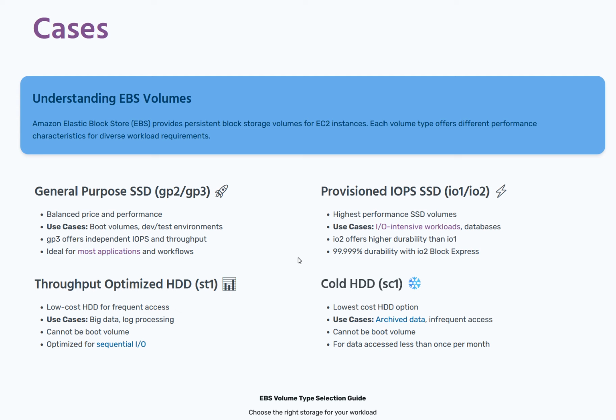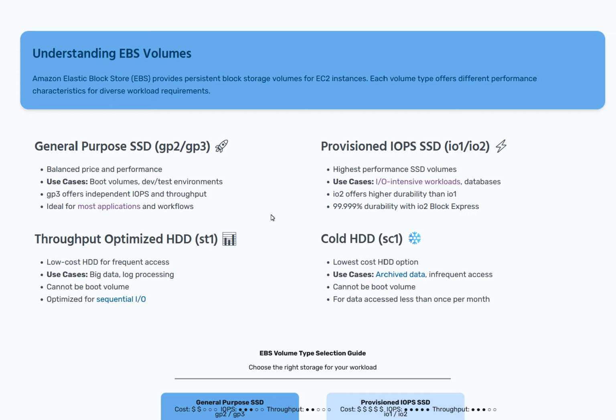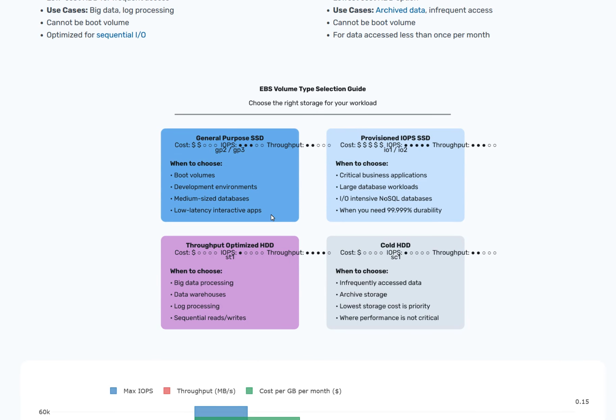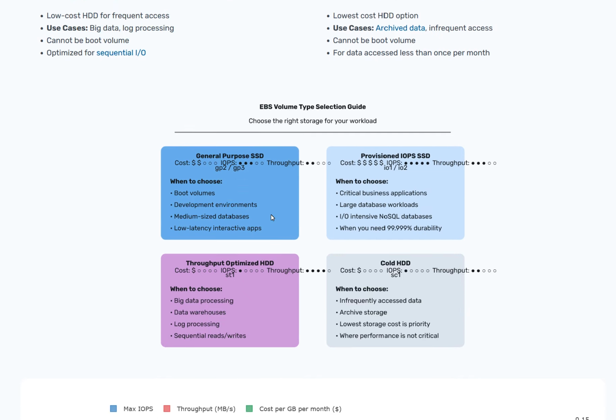And the last is HDD, hard disk drive, mechanical, the lowest cost option, mainly for archive data which you don't access frequently. So that is how you get EBS volumes in AWS.